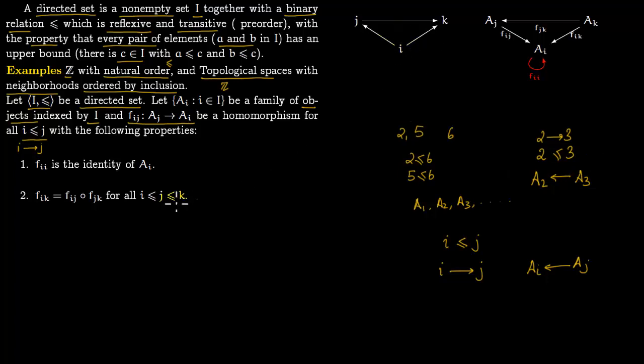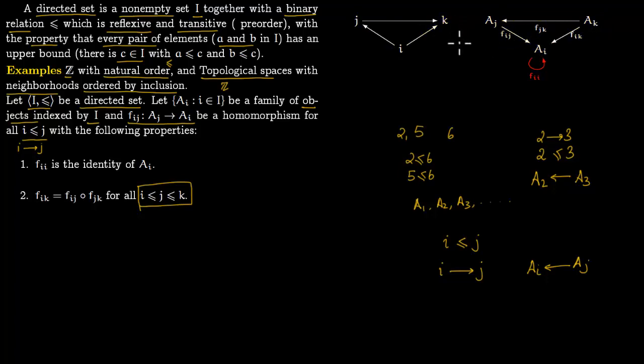So now if you have three things, I, J, K, with I less than or equal to J, which is less than or equal to K, you have something like this diagram. Because of the transitivity, you have I less than or equal to K also. So these become a triangle like this. Corresponding groups are AJ, AK, and AI. Notice we have just indexed it, and we are calling this here AI, this here AJ, this AK.